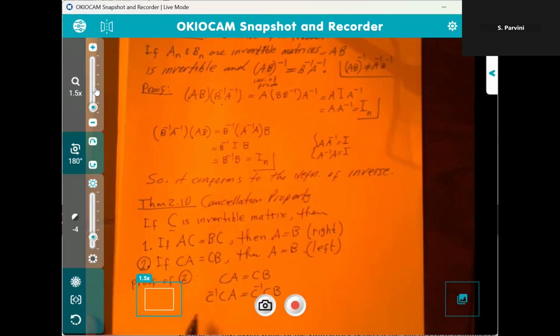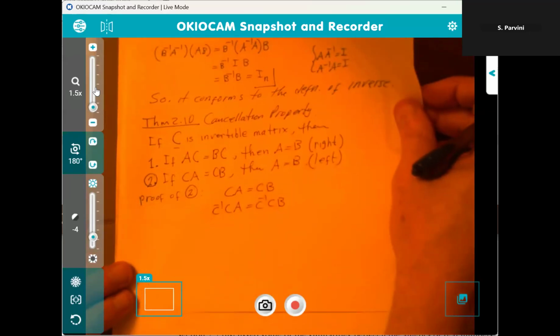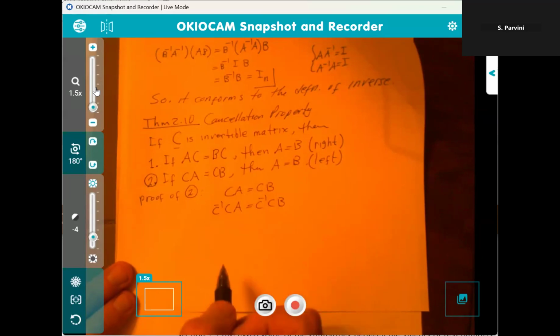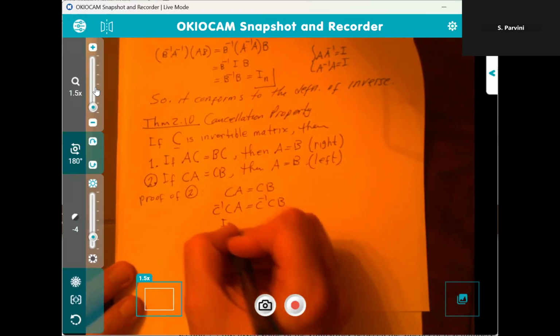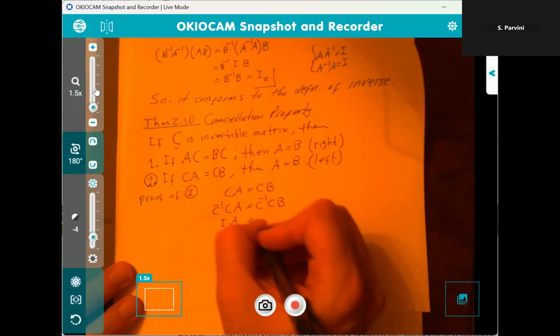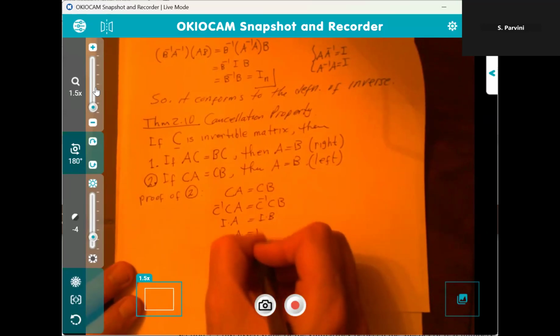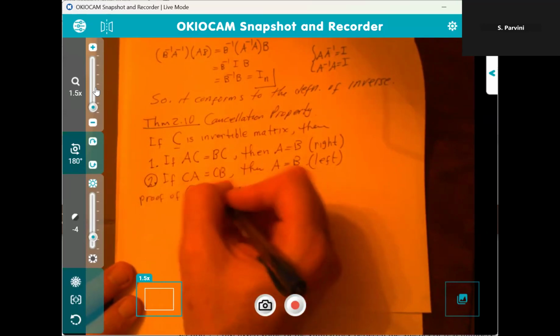And again, what is C inverse times C going to equal? Any matrix and its inverse, the product would be identity, right? So this is going to be an identity times A. This is identity times B. And that's just A is equal to B. So there you go. It's as if we canceled the C's.